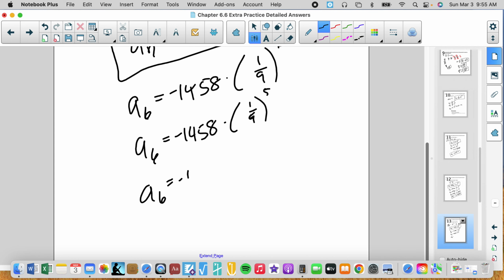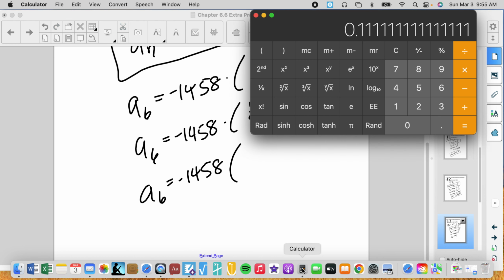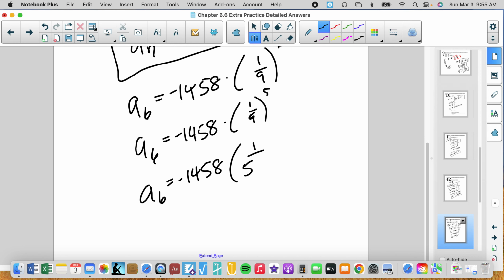A to the 6 equals negative 1,458. And what is 9 to the 5th? 9 to the 5th power, 59,049.